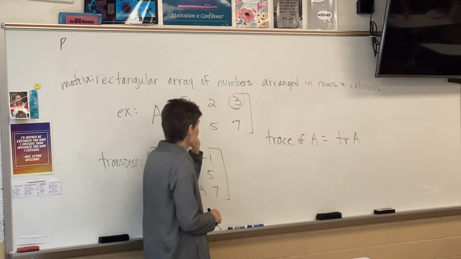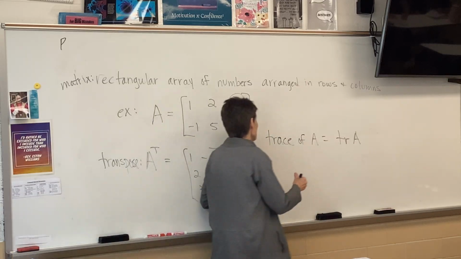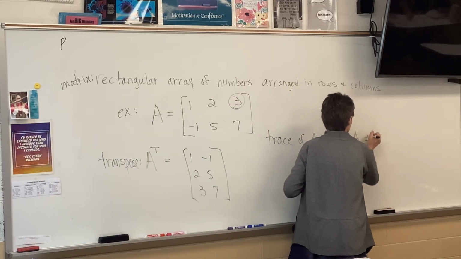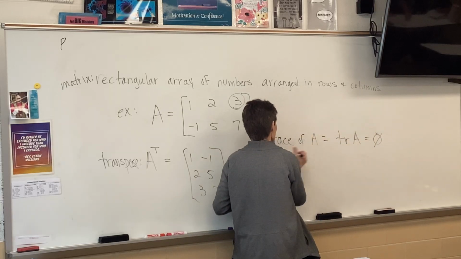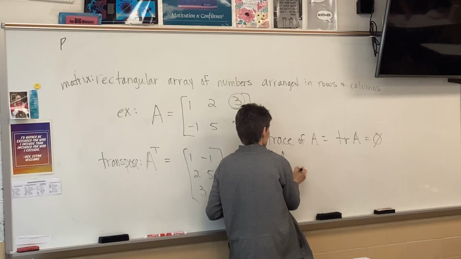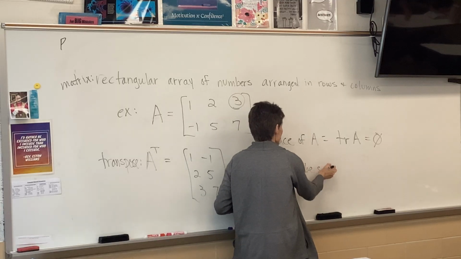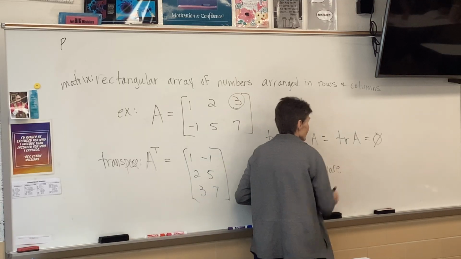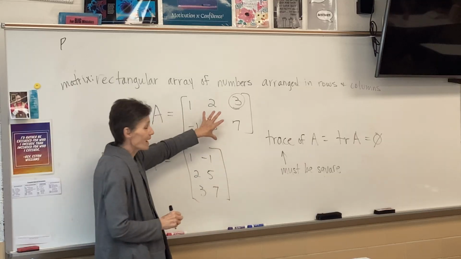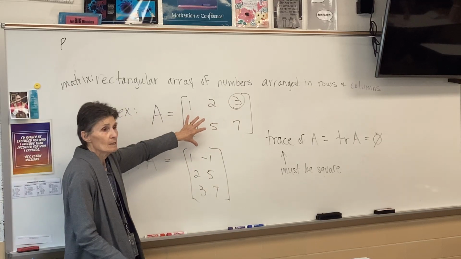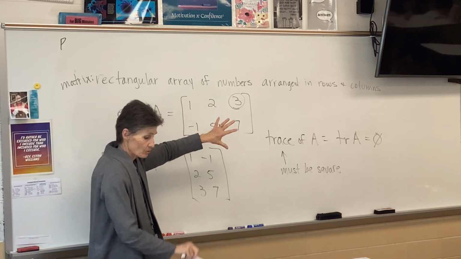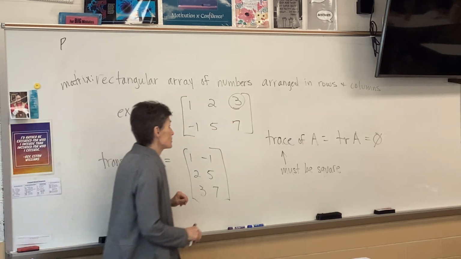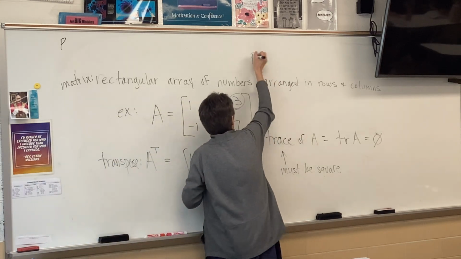If this is matrix A, there is no trace, because if you're going to find a trace, your matrix must be square. This is not a square matrix, so therefore I cannot find its trace. So let me put a square matrix up here.